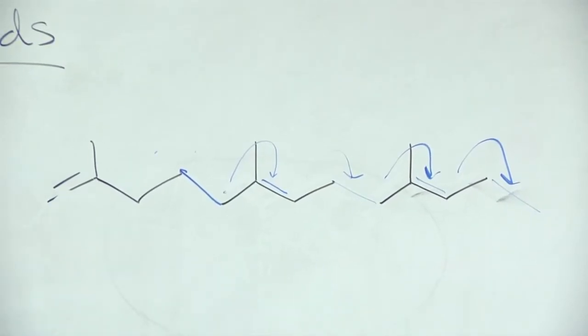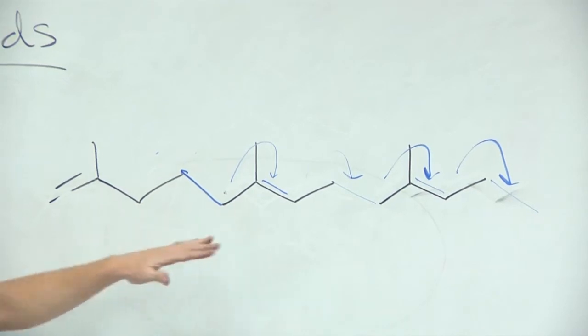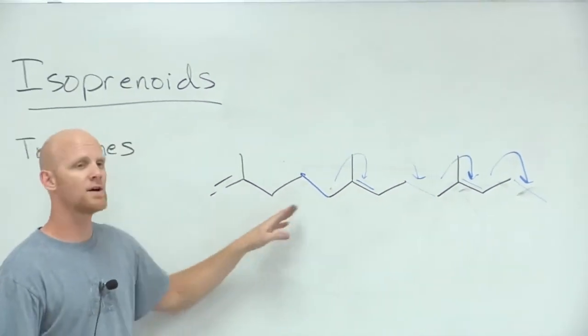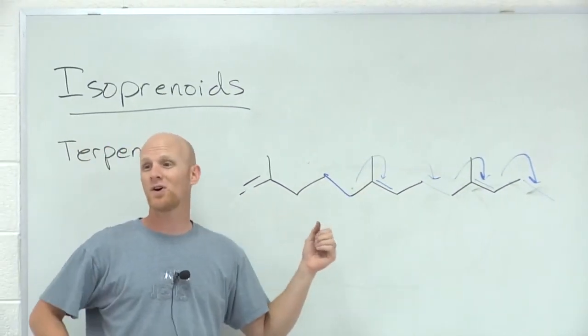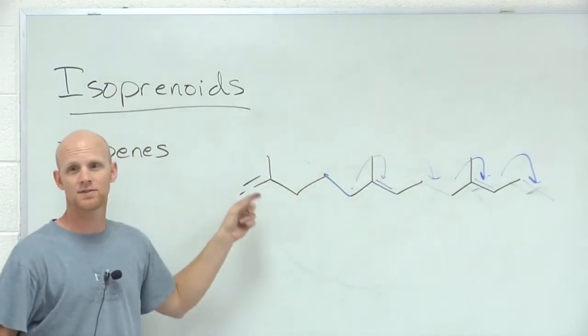So the isoprene unit had a couple of double bonds. Now your overall product, to be a terpene, doesn't necessarily have to have any double bonds. They usually still have a few. But you might see some of these double bonds hydrated, becoming alcohols and things of this sort as well. So you might see them cyclizing and forming rings.